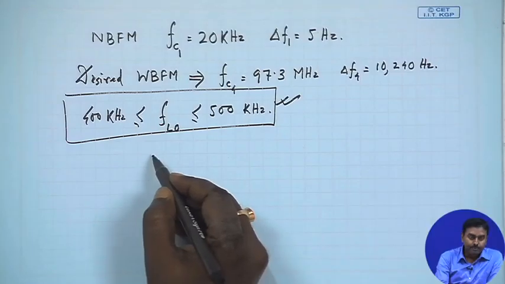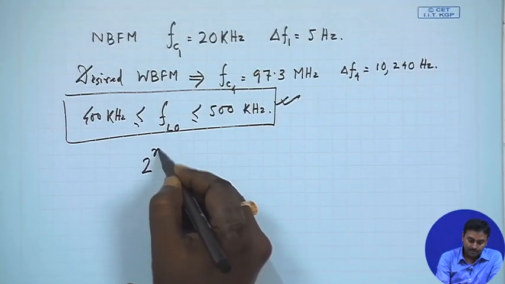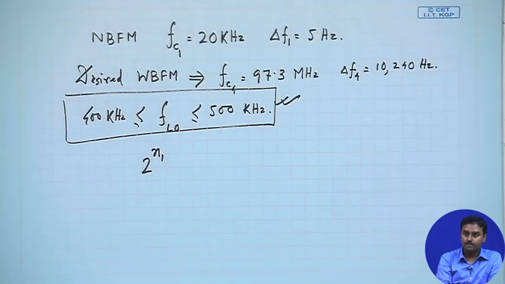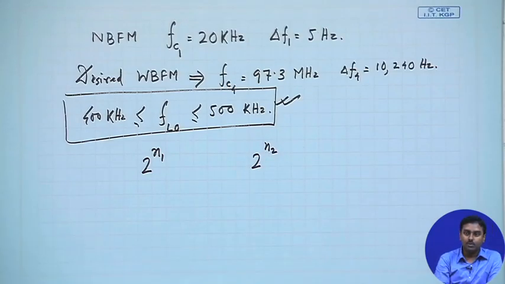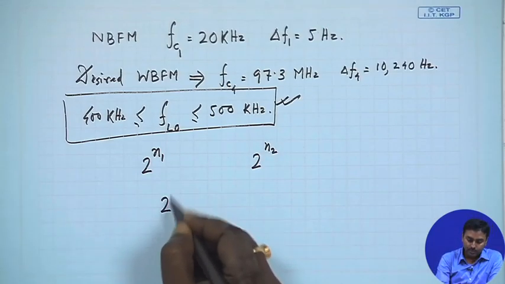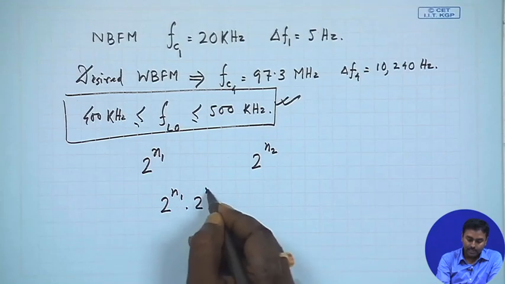So, with the 2 stages, let us say in the first stage we have 2 to the power n1, and in the next stage we have 2 to the power n2. Overall multiplication will be 2 to the power n1 into 2 to the power n2.